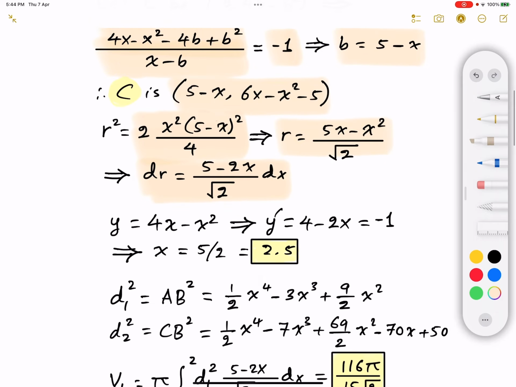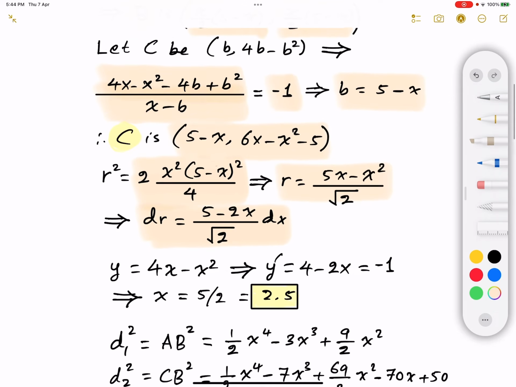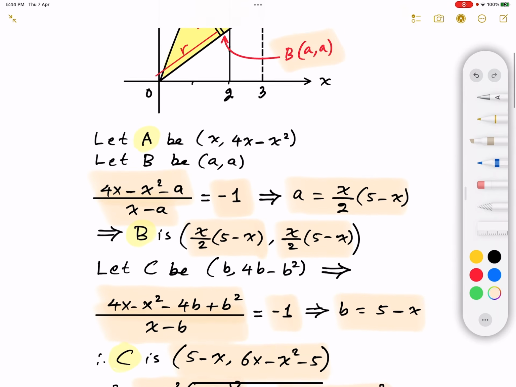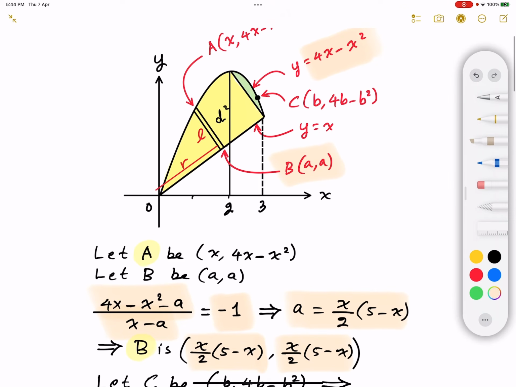And then we need to know where to stop to calculate the first volume, and basically we need to stop at the point that makes a perpendicular distance with the axis of revolution, which is going to be 2.5. The yellow region can be traced by changing x between 0 and 2.